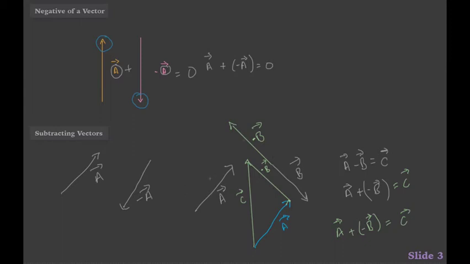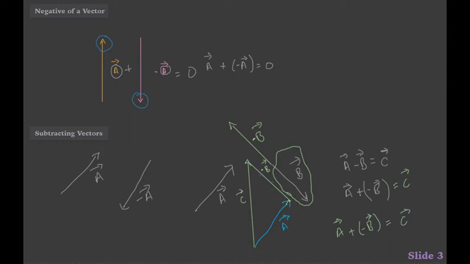So the question was how to subtract this vector A minus this vector B. That was the question. So what we did was we took this vector B and we flipped it to make it a negative vector B, and this negative vector B plus vector A, right?